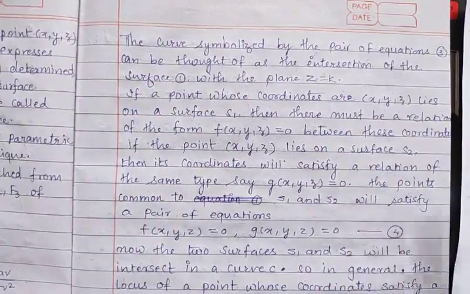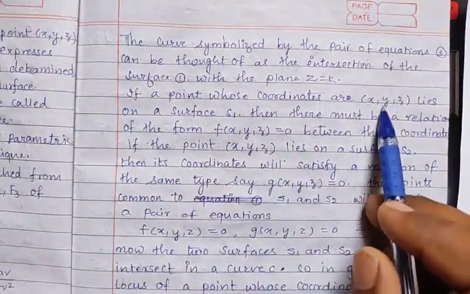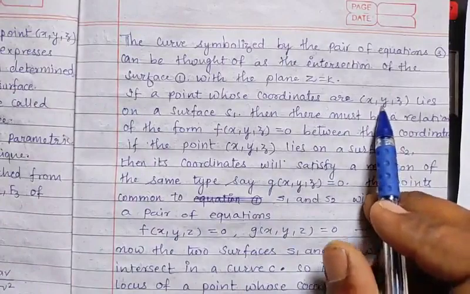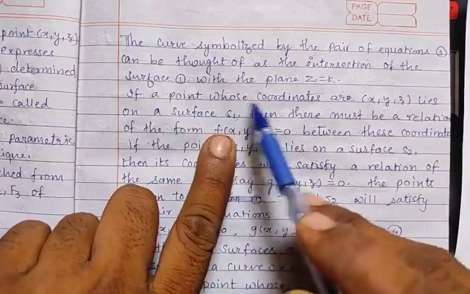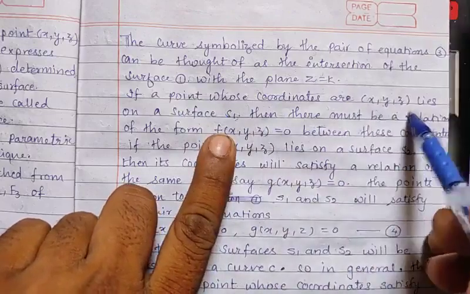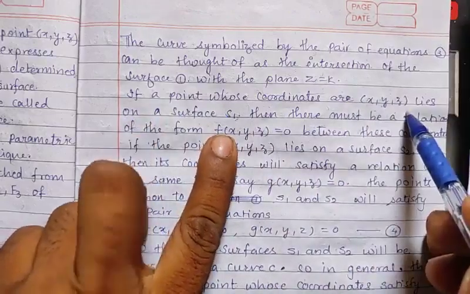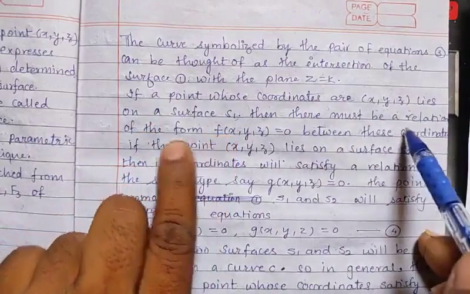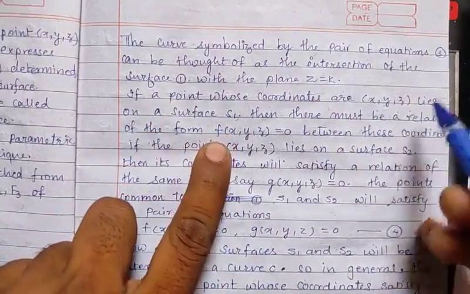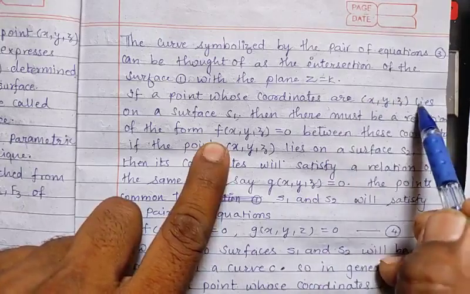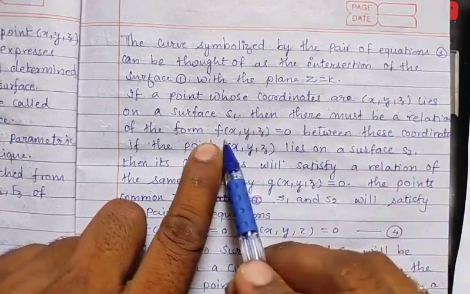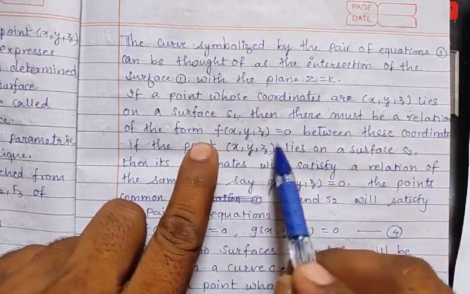If a point whose coordinates are x, y, z lies on surface S1, then there must be a relation of the form: the point having coordinates x, y, z lies on surface S1, so it must satisfy the equation f of x, y, z is equal to 0.